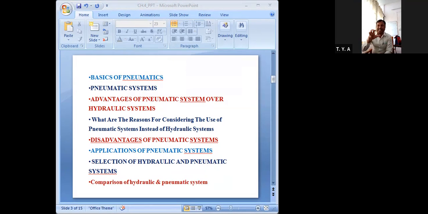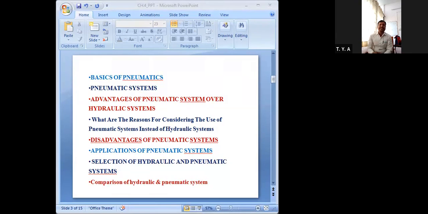Therefore, inertia effect of the pneumatic system components is lesser than the hydraulic system components. Thus, the force required to accelerate the air is much lesser than the force required to accelerate an equal volume of oil. That is the first reason.